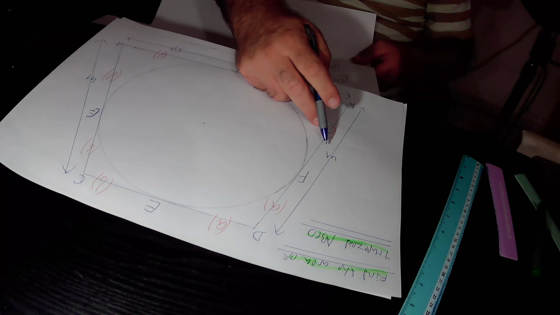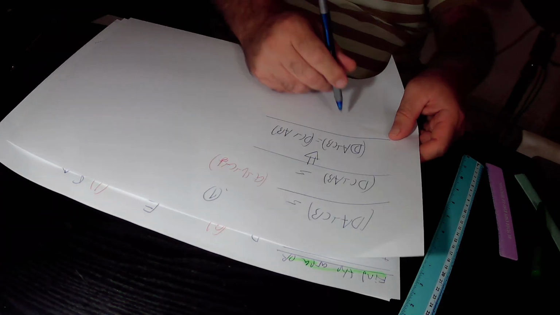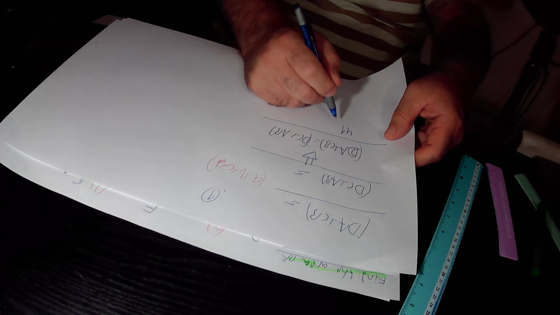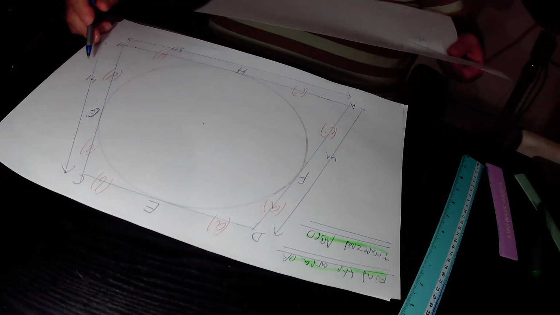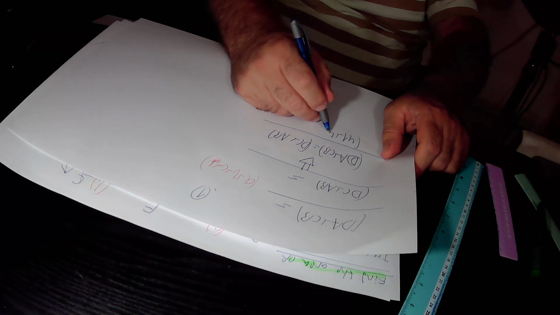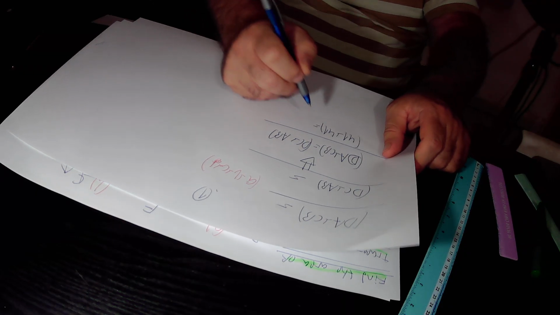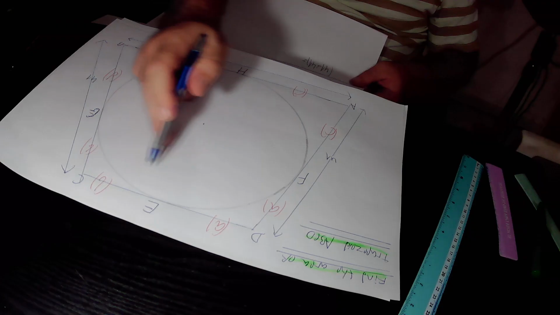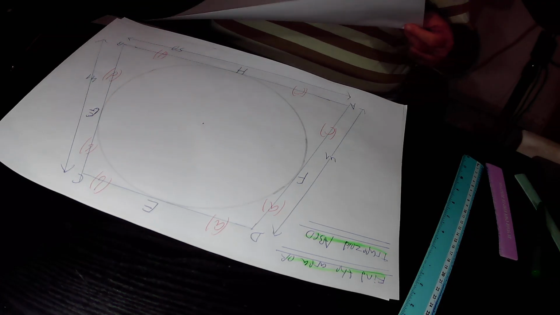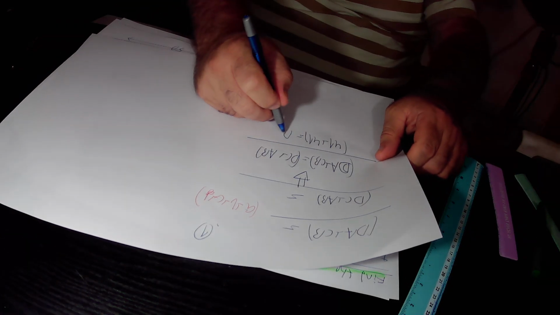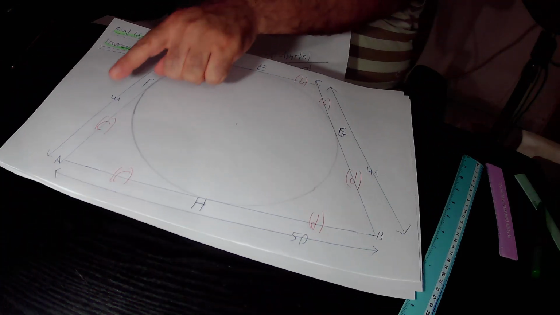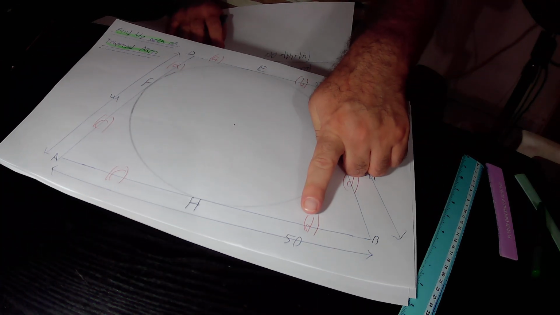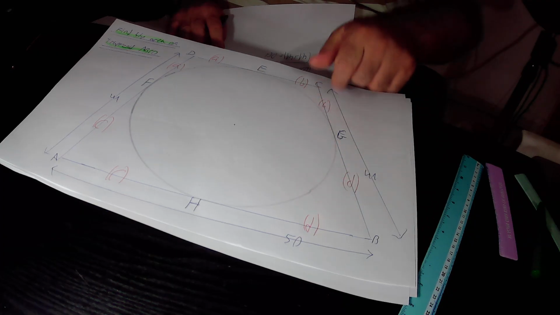DA equals 41 units in its length, plus CB. CB also equals 41 units in its length. And it equals DC. DC is the missing side, so leave it as it is. So it is DC plus AB. AB equals 50 units in its length according to what is given in the question.